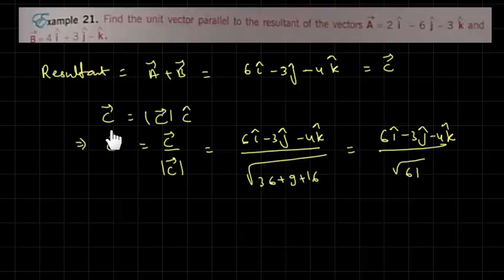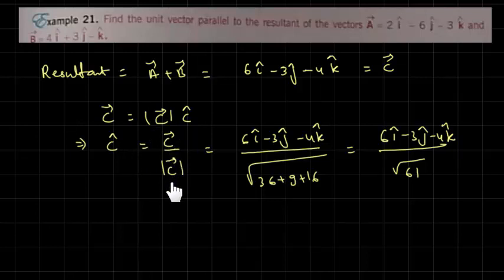So we know that C vector can be represented in terms of the unit vector in its direction as magnitude of C vector times, let's call this, C cap. You can call it by any other symbol also, A cap, B cap, but just for the sake of clarity, this C cap is a unit vector in the direction of C. So C vector is magnitude of C times C cap.